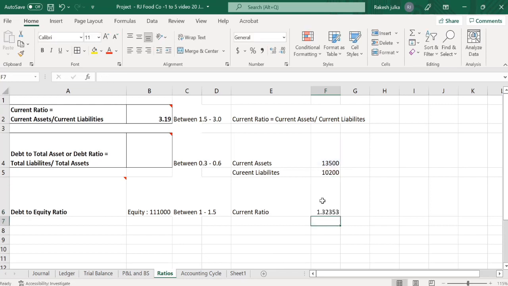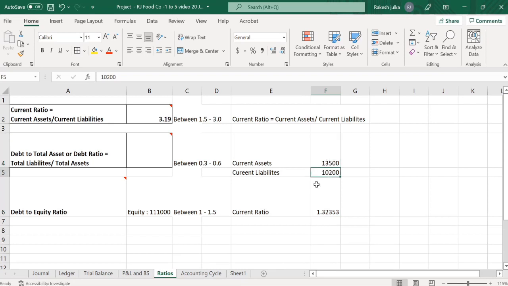So 1.32 is the current ratio. It shows that we have more assets and less liabilities. Our debt is less. Or we can also interpret that we have $13,500, which is more than our liabilities.